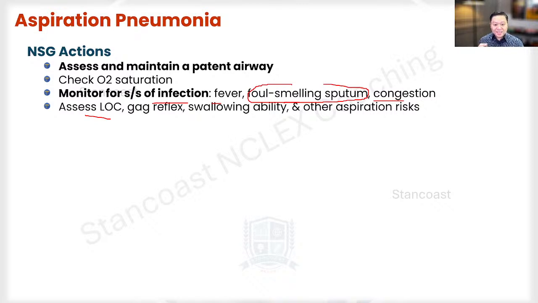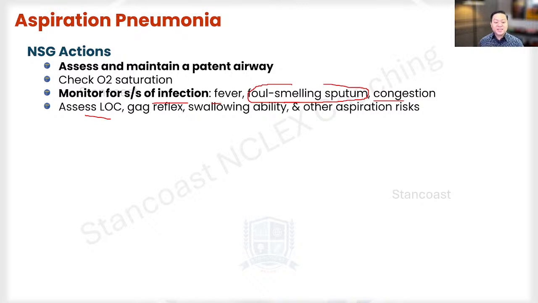Okay, make sure you remember that when the level of consciousness is affected, then the gag reflex will also be diminished. So guys, at this point, you really have to refrain from putting anything inside the patient's mouth.